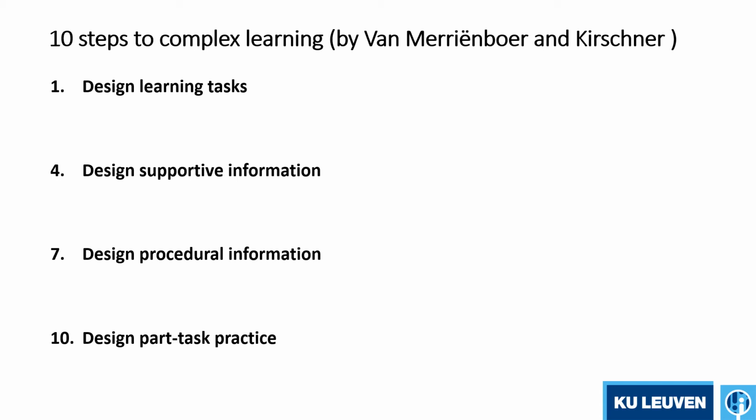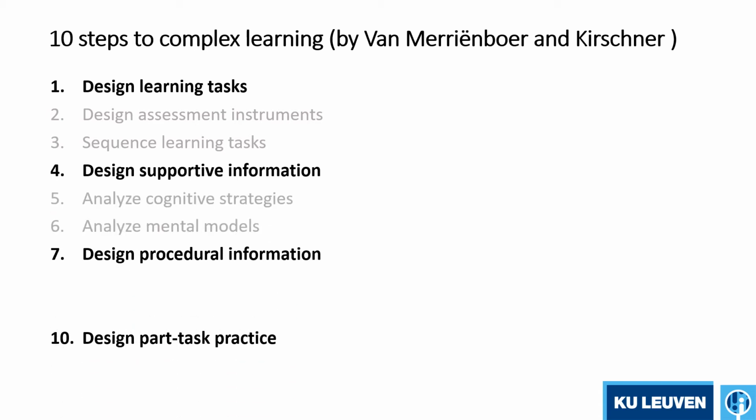So those 4 tasks are in line with the 4 components we have identified. There are also a few additional steps about designing assessment instruments and sequencing your learning tasks, about analyzing cognitive strategies and mental models, and about analyzing cognitive rules and prerequisite knowledge. We will not address those tasks in the tutorial.